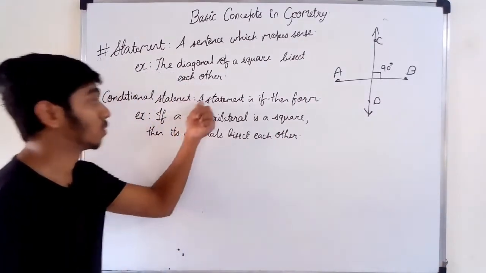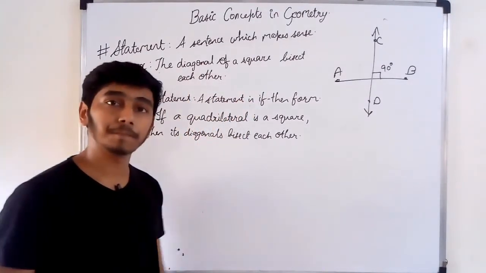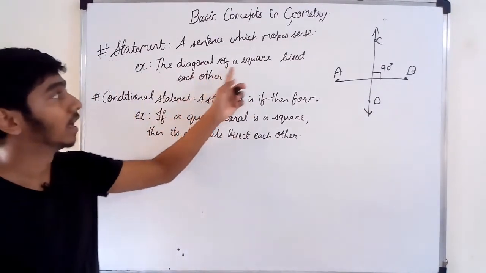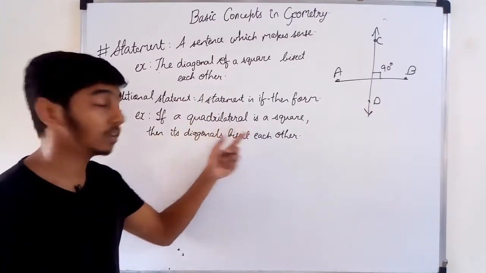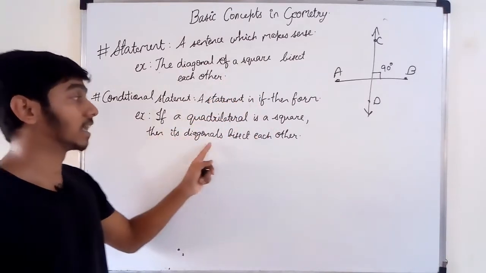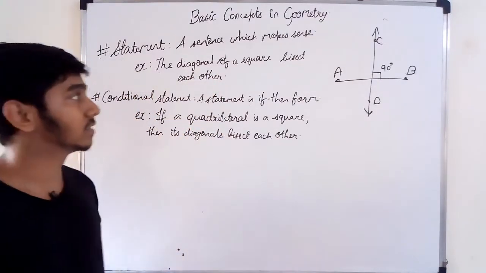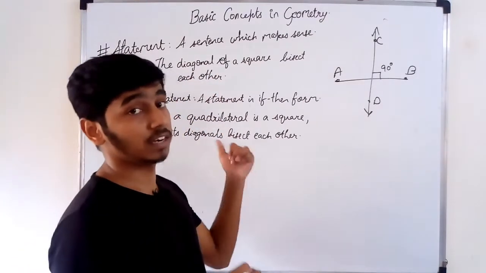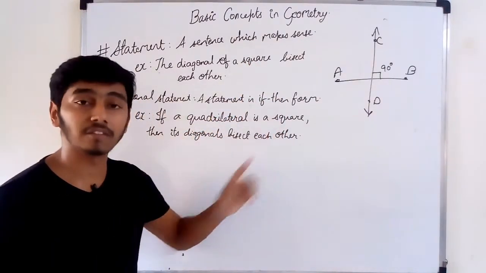So this is what a conditional statement is. I converted this statement into conditional. Here a square is a quadrilateral, we know that. So we say that if a quadrilateral is a square, then its diagonals bisect each other. I hope you have understood what a conditional statement is: just converting the given statement into if-then form.